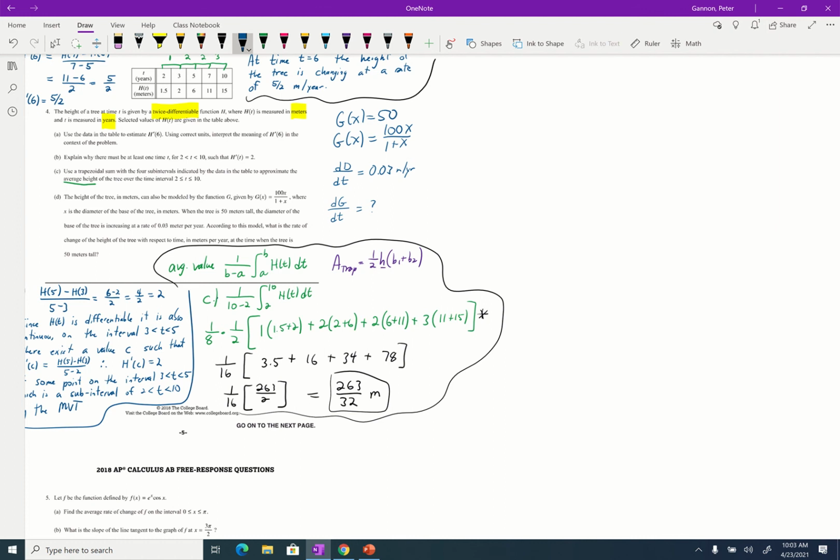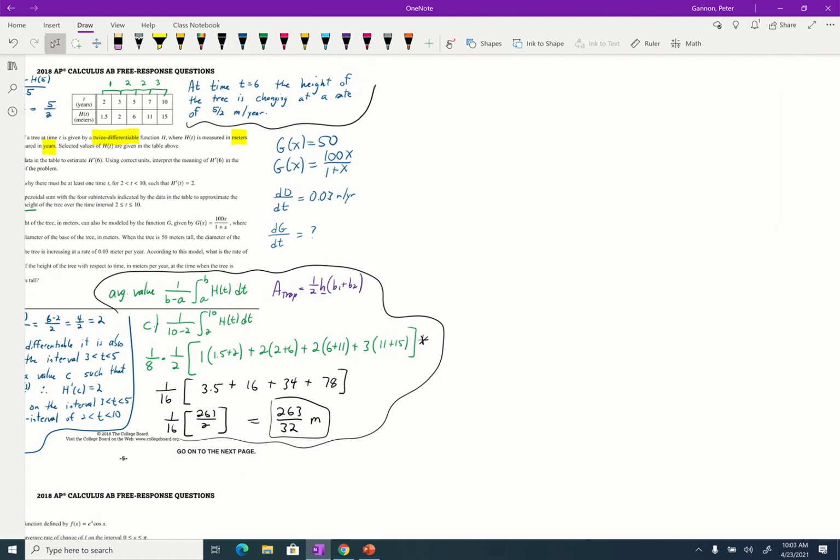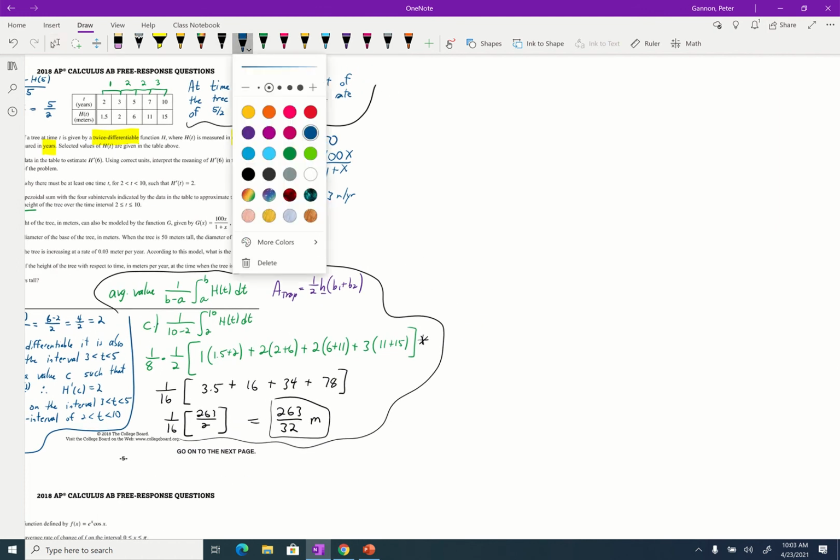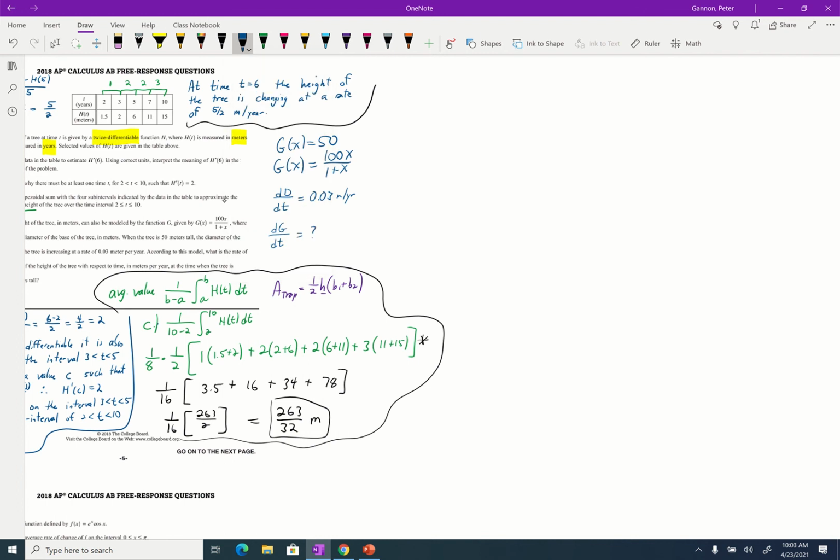All right, so let's think about some things that we're going to need to know. We have these two expressions where g of x is equal to 50 and it's equal to 100x over 1 plus x. So let's set those equal. So 50 is equal to 100x over 1 plus x.